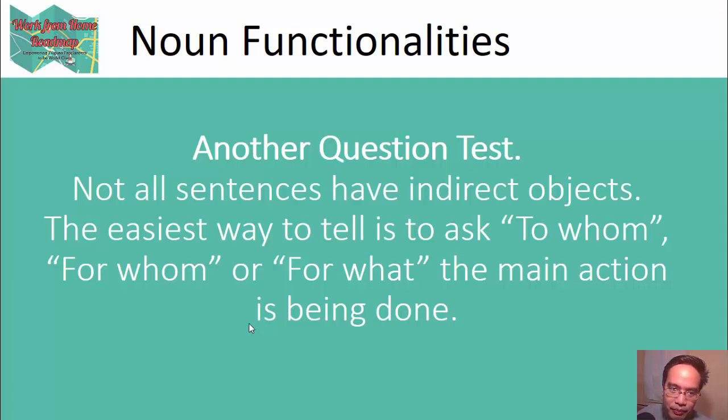All right, we have another question test here. Not all sentences have indirect objects, take note. The easiest way to tell is to ask to whom, for whom, or for what the main action is being done.